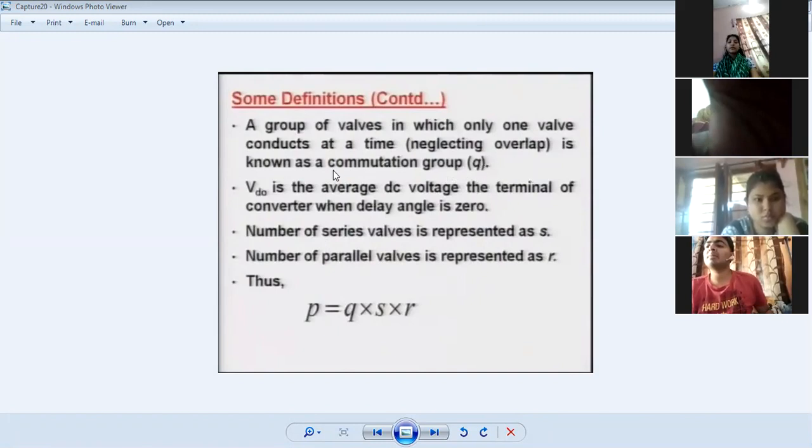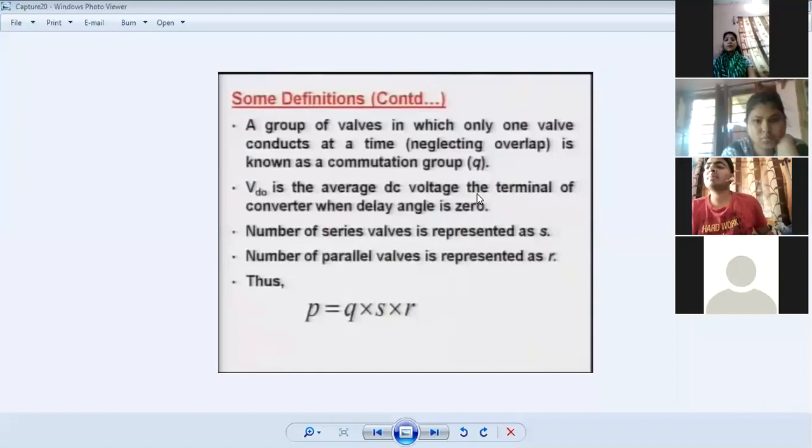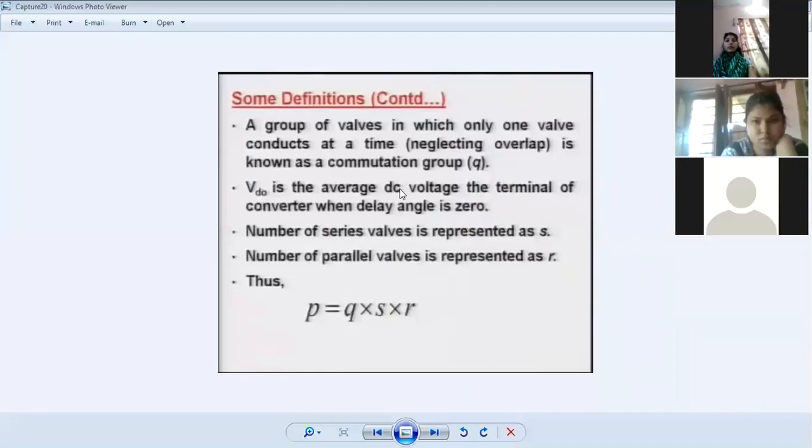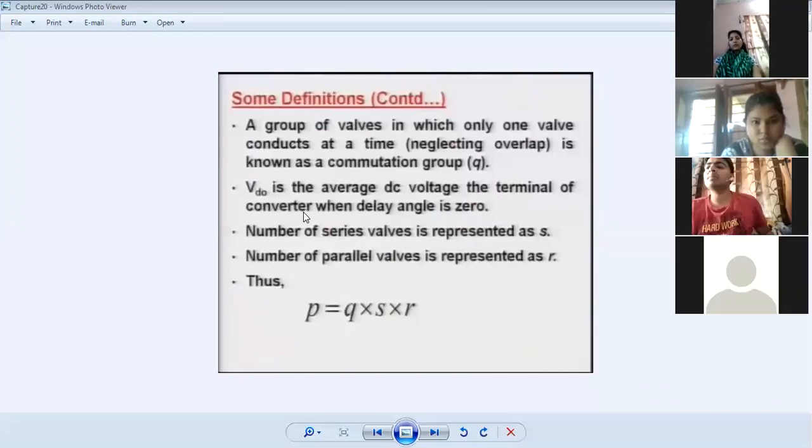It is very important. And VDO is the average DC voltage at the terminal of the converter when the delay angle is 0.